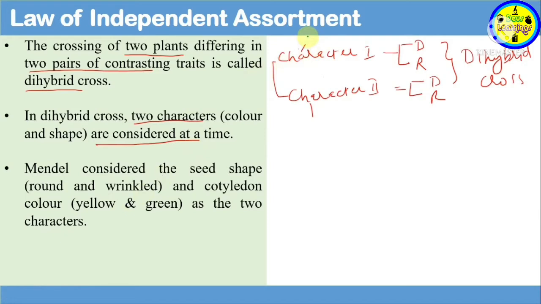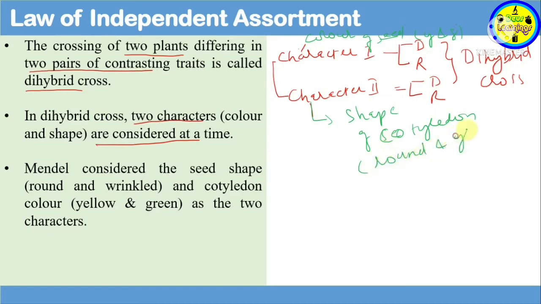Let's take character 1 as the color of the seed, and character 2 as the shape of the cotyledon. The color of the cotyledon was yellow and green, and the shape of the seed was round and wrinkled.